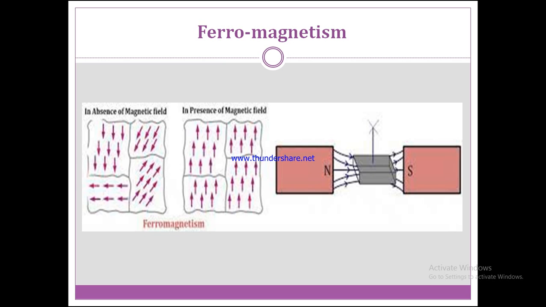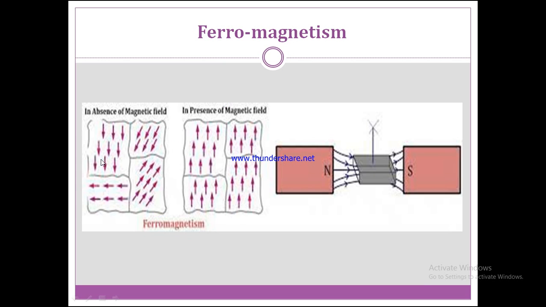Now, when a ferromagnetic material comes in contact with an external magnetic field, the magnetic dipole moment directions line up in the upward direction. As shown in this figure, the ferromagnetic material aligns all the magnetic dipoles in one direction only.